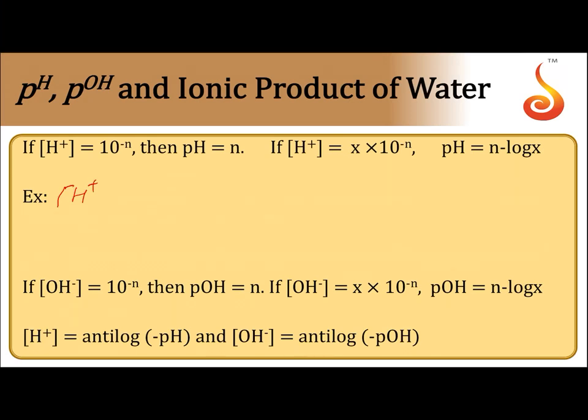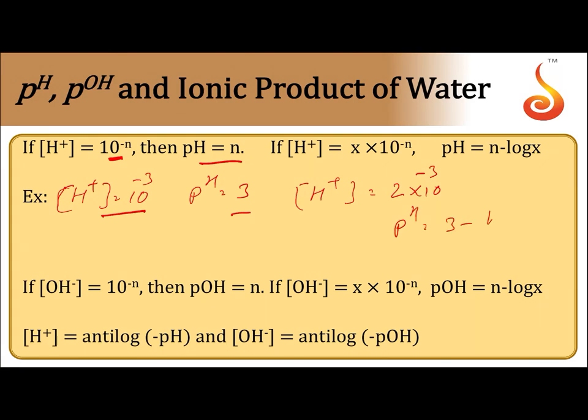Suppose H plus is given as 10 to the power of -3, then pH will be equal to 3. So for 10 to the power of -n, pH becomes equal to n. Suppose H plus is given as 2 into 10 to the power of -3, then the pH will become 3 minus log 2.